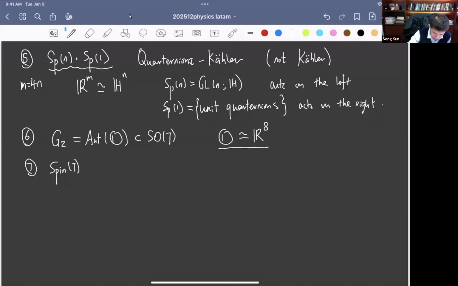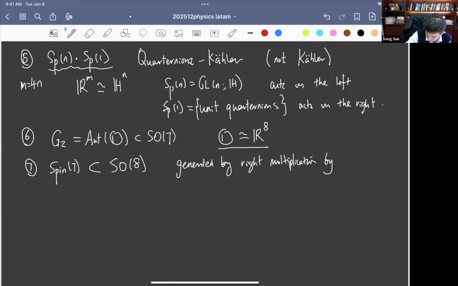But here we view it as a subgroup of SO(8). R^8 is the space of octonions, so it's a subgroup of the special orthogonal group acting on octonions, and it's generated by right multiplication by imaginary unit octonions.